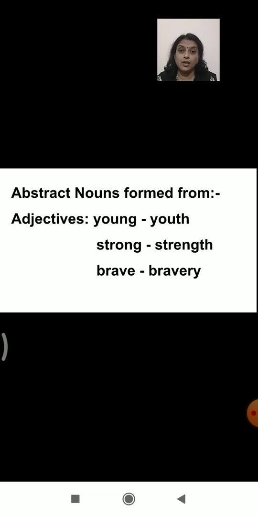Abstract nouns can also be formed from adjectives. Now what does that mean? There are some adjectives which you can change into abstract nouns. Here you can see abstract nouns that can be formed from adjectives.